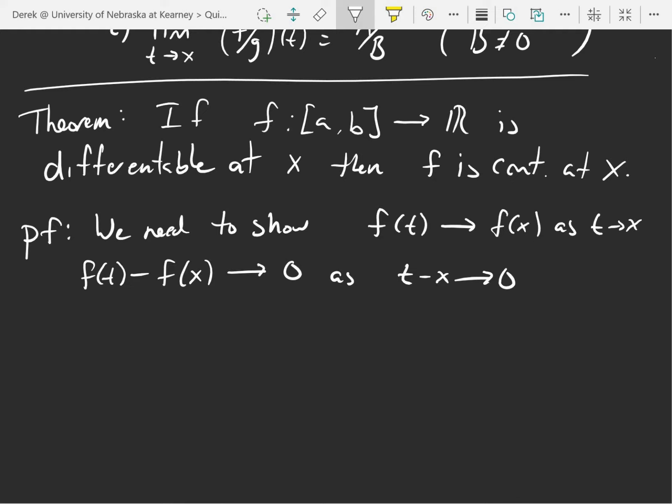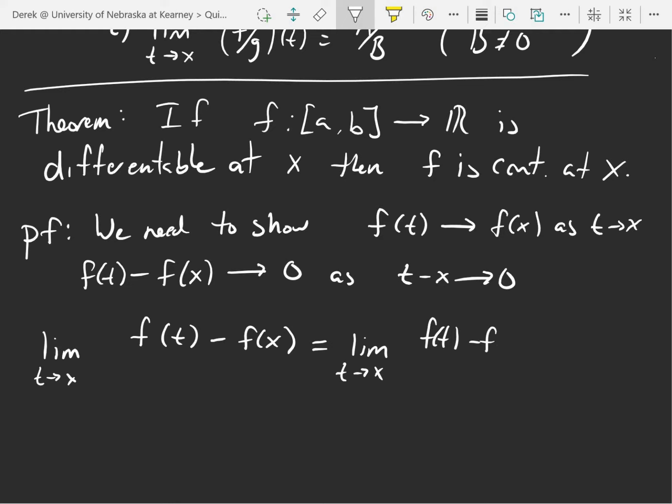So let's look at the limit of f(t) minus f(x). Well, that's equal to the limit as t goes to x of [f(t) minus f(x)] divided by (t minus x), times (t minus x).